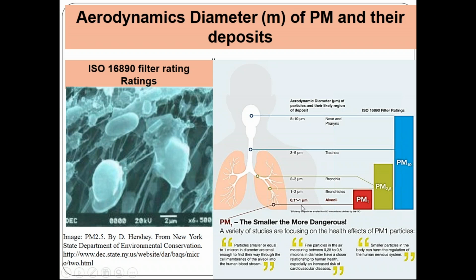Also here you can see PM2.5 and PM1. PM1 is more dangerous than PM2.5 and PM10, because PM10 has a higher diameter, and when the diameter is very small, the severity, or dangerousness, is greater. The smaller the particle, the more dangerous.